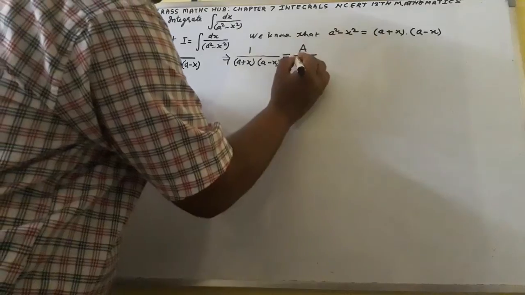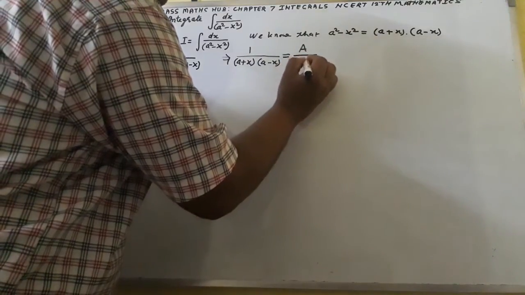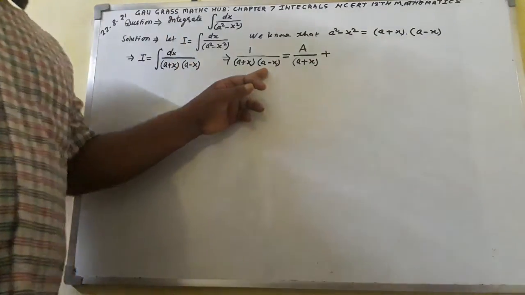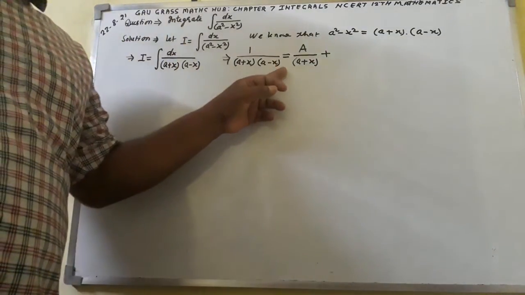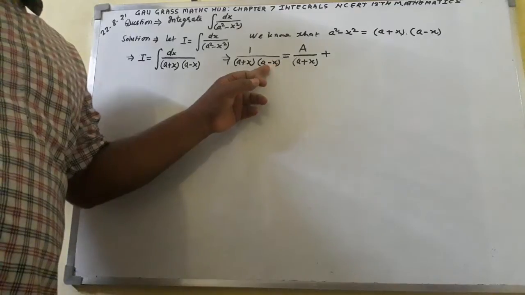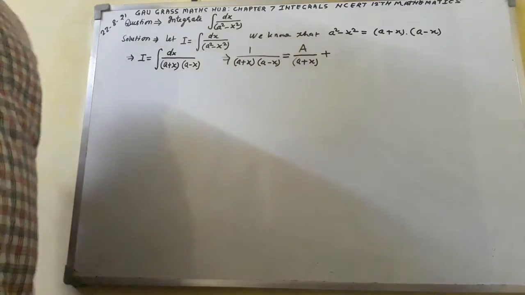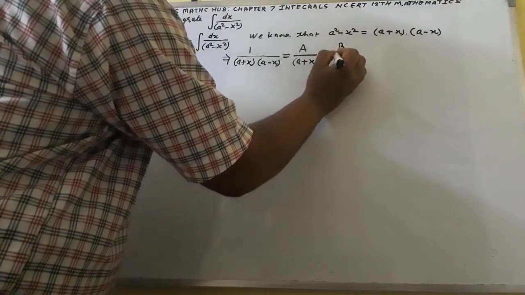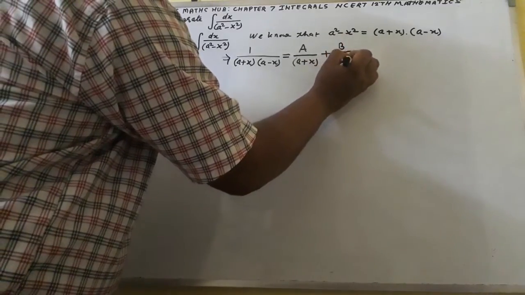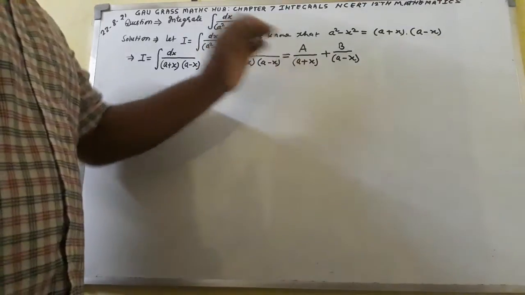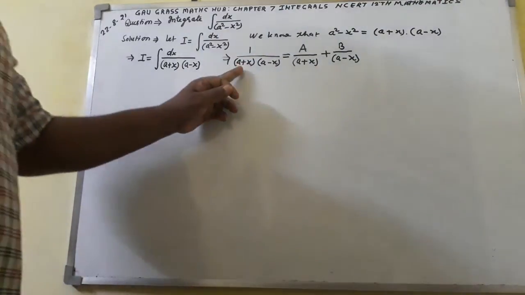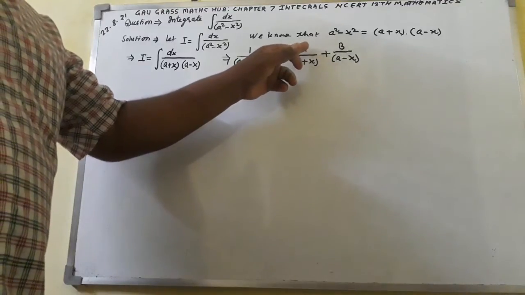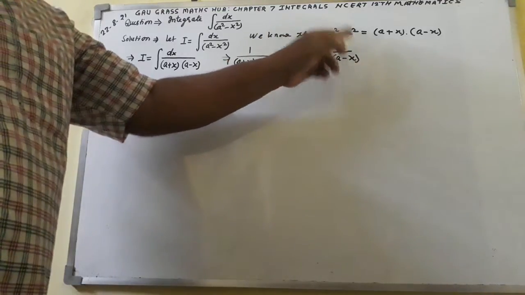For a linear factor I shall write capital A over a plus x, plus B over a minus x, since a minus x is also a linear factor. This thing you must remember.